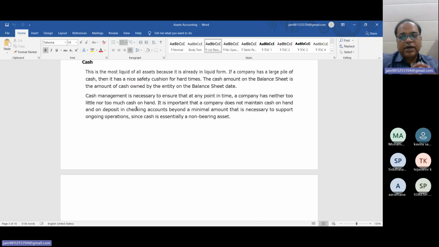If you have current assets over and above 2 times, that means you are not a good cash manager. Once you have current assets over and above 2 times, you immediately have to repay the loan or invest the money. Okay, so this is the concept of cash management.